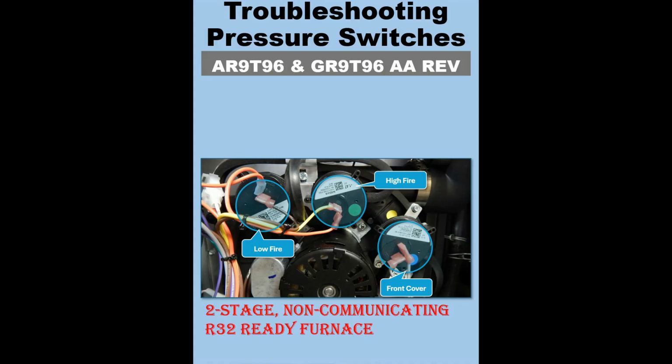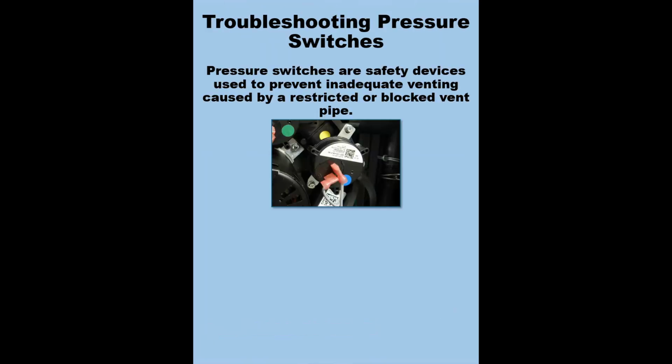So both of these furnaces have the same pressure switch setup: left to right, low fire pressure switch, high fire pressure switch, and front cover pressure switch. So troubleshooting them, the pressure switches are safety devices used to prevent inadequate venting caused by restricted or blocked vent pipe.